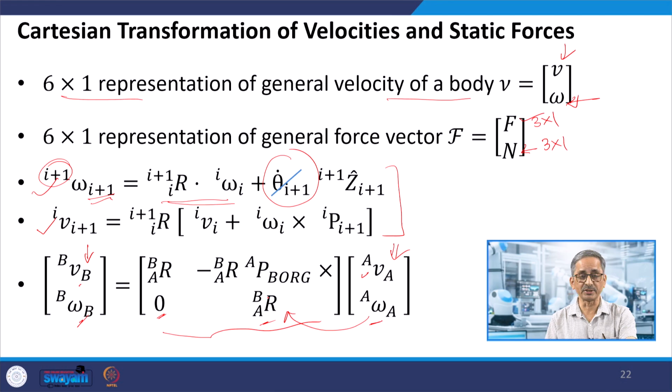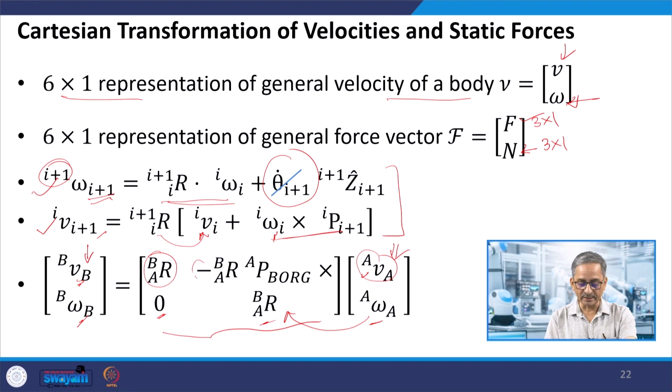Similarly for the velocity, here we are going to have this rotation matrix multiplied with this velocity as well as this one. So, for this one we have this multiplication of the rotation matrix, and this one has been written in this form.